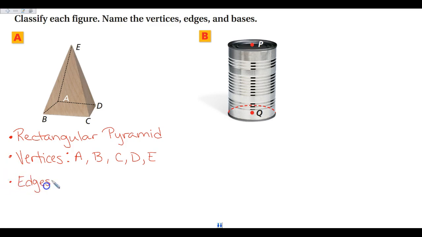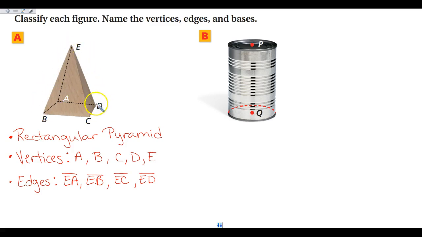So my edges are all of my segments. If I'm going to start at E, I'm going to do my lateral edges first. So EA, EB, EC, and ED. Those are all the ones that go from the vertex of the pyramid to the corners of the base.